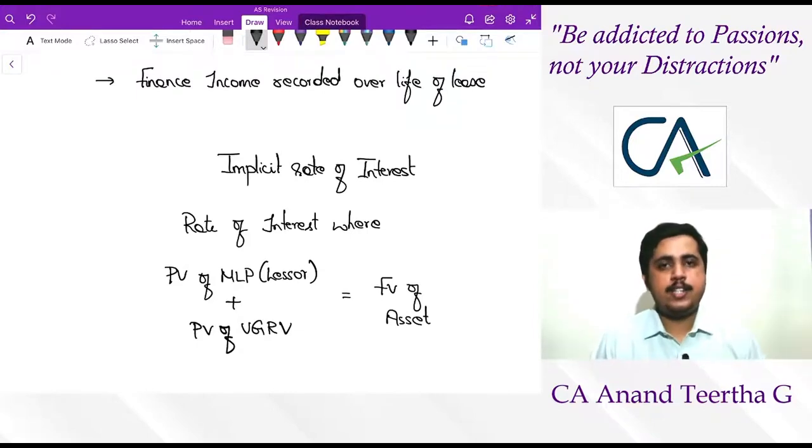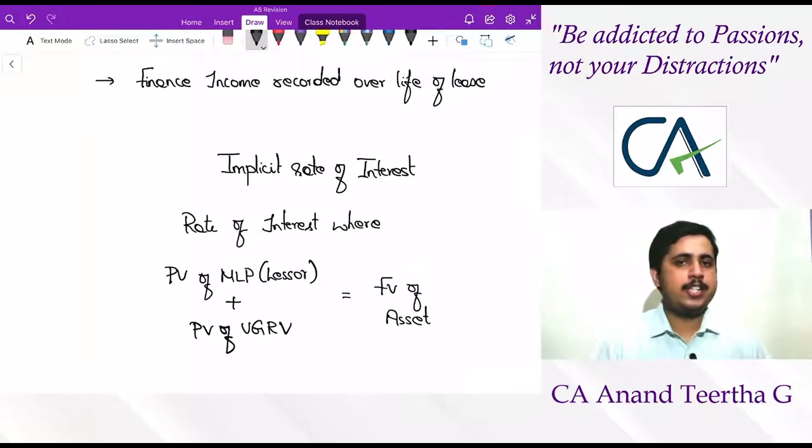Implicit rate of interest is that rate where the present value of minimum lease payment lessor point of view plus the present value of UGRV is equal to the fair value of the asset amount wise.